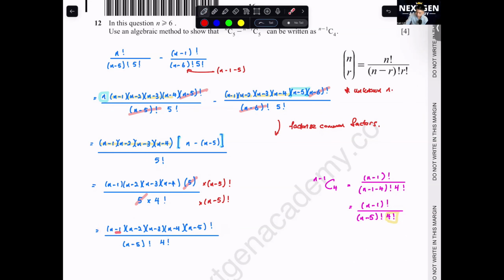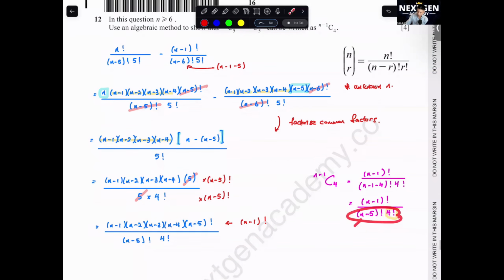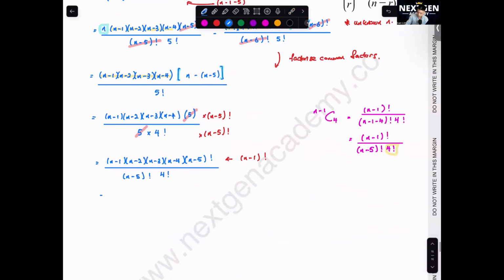Sorry, to n minus 1 factorial, because n minus 1, n minus 2, n minus 3, n minus 4, n minus 5, n minus 6, 7, 8, right? So we can rewrite it into n minus 1 factorial. And at the bottom, you see, we achieve this also: n minus 5 factorial, 4 factorial. So the final step will be n minus 1 factorial over n minus 5 factorial, 4 factorial, which is equal to n minus 1 C4.